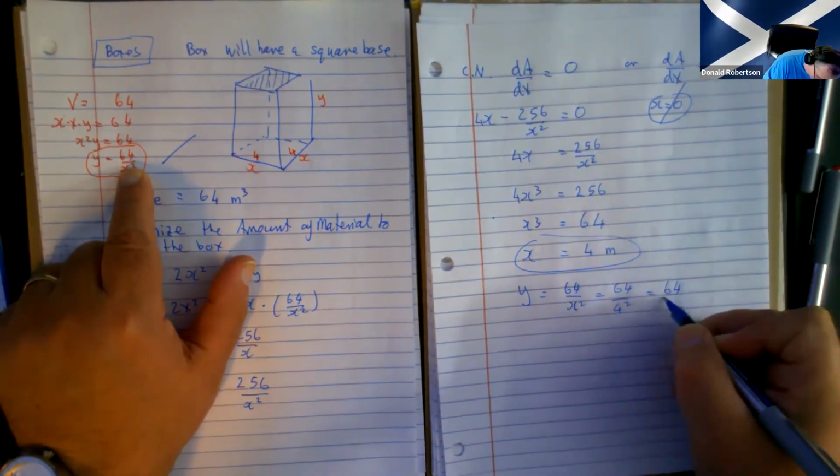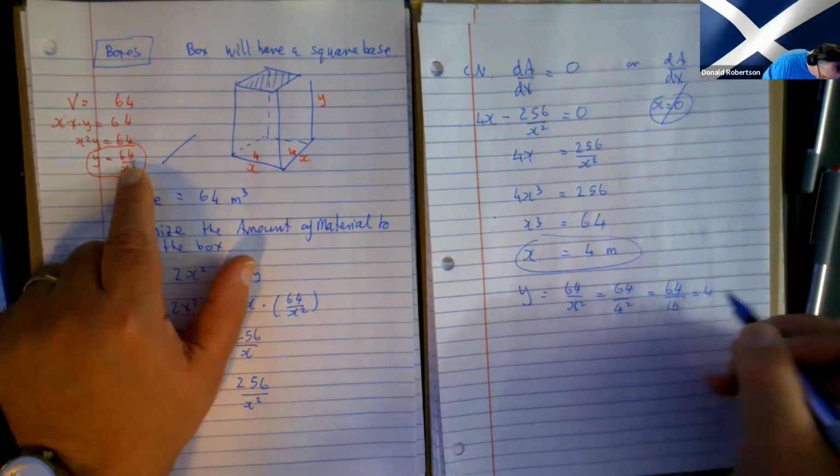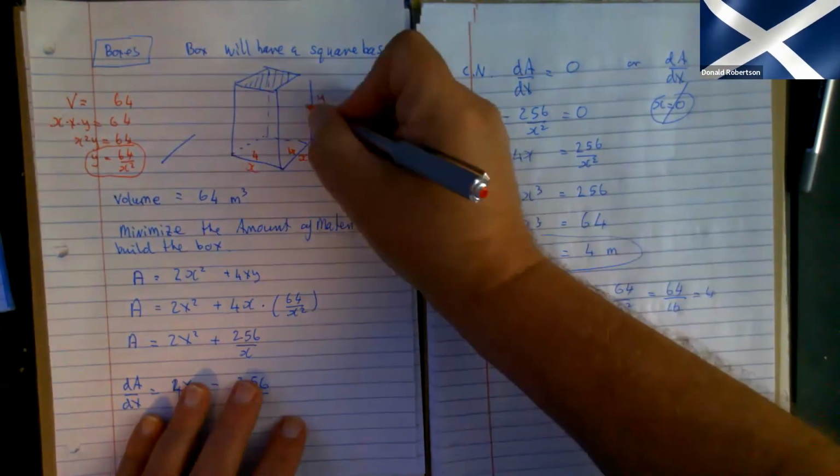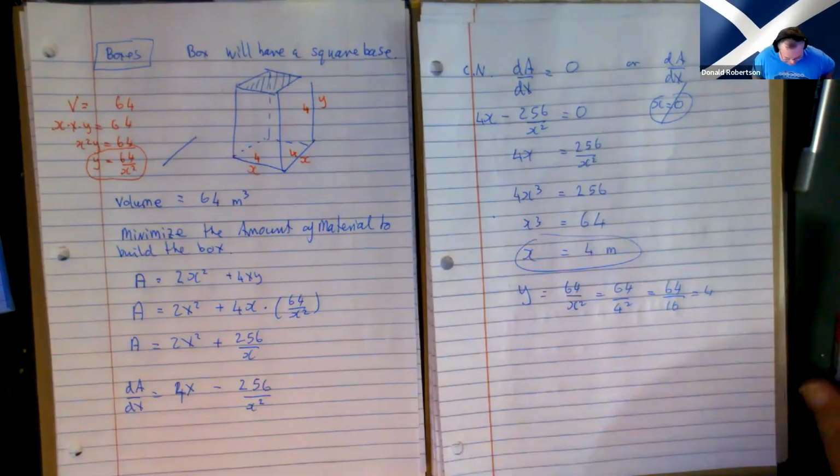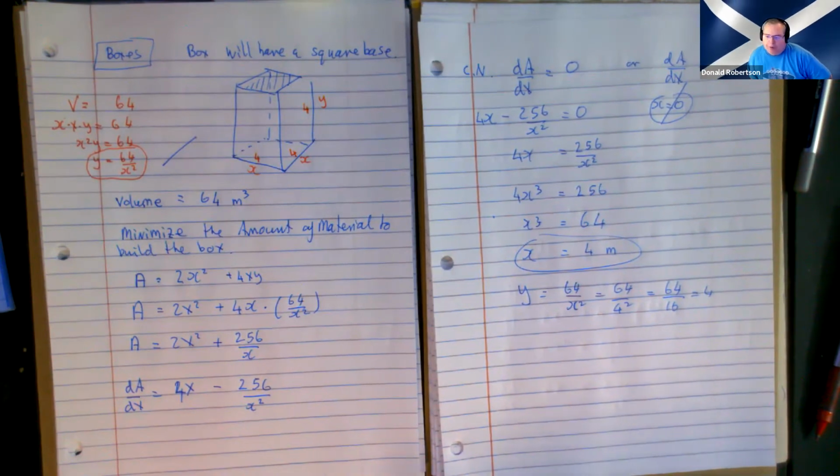He is 64 over 16. He is also 4. And guess what? That's a cube. So if you want to minimize the amount of material that you need to build a box that has a square base, it looks like it's a cube.